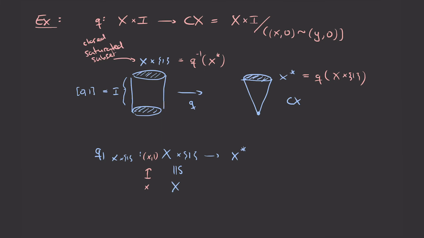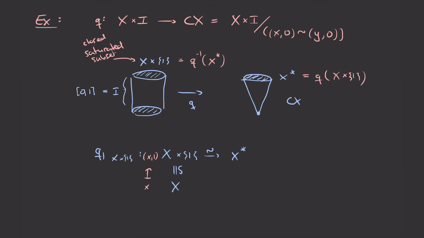Resuming our main narrative, we started with this quotient map Q, and we observed that this subset here, X times the singleton 1, is actually a closed saturated subset of this product space. Therefore, we can restrict Q to this subset, and we get a map going from X times the singleton 1 to X star. And we also noted that X times the singleton 1 is actually homeomorphic to the original space X. Now finally, we can also observe that this map here is actually also a homeomorphism. Why is this?